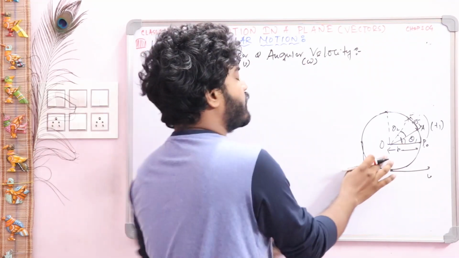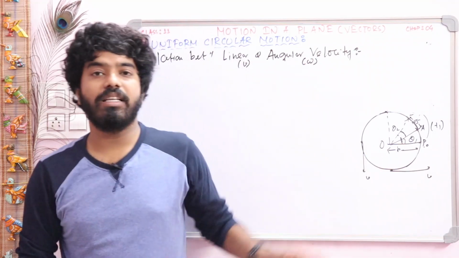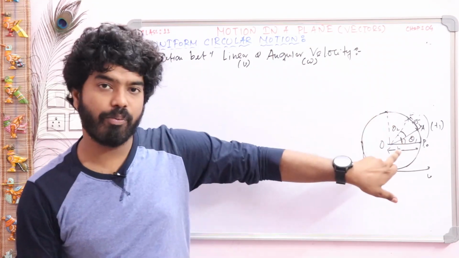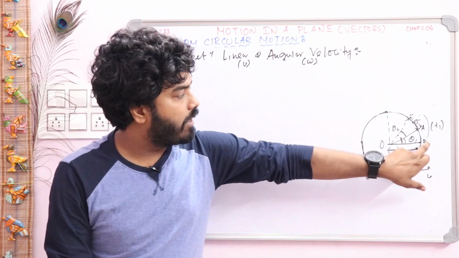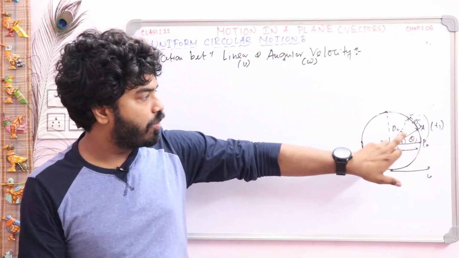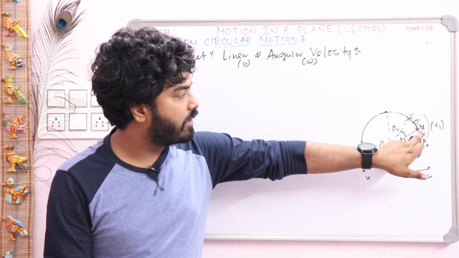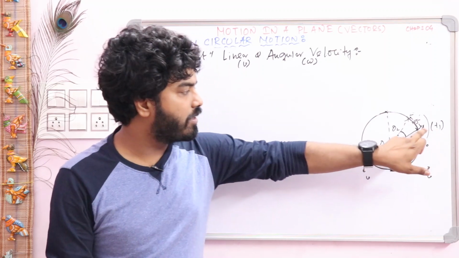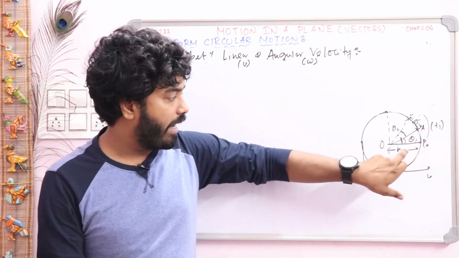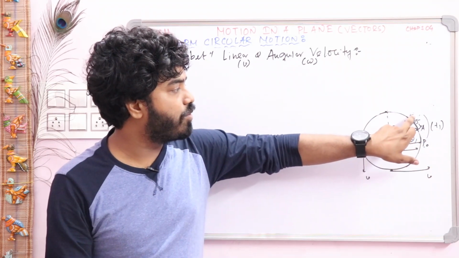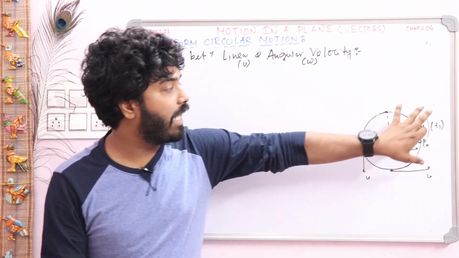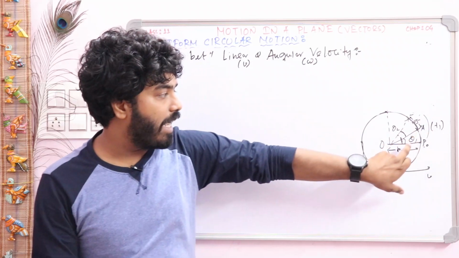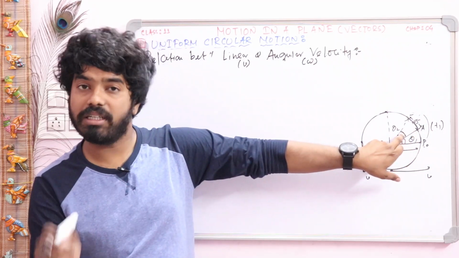Okay, and you consider this one. Suppose a particle is moving along a circular path. Your starting point is at point P0, and the particle is moving this way. So here at point A, that is at T1, this is the position of the particle. The angle is theta 1, and at time T2 the position is B, and here the angle is theta 2. So in time interval del t, the angular displacement is named as del theta.